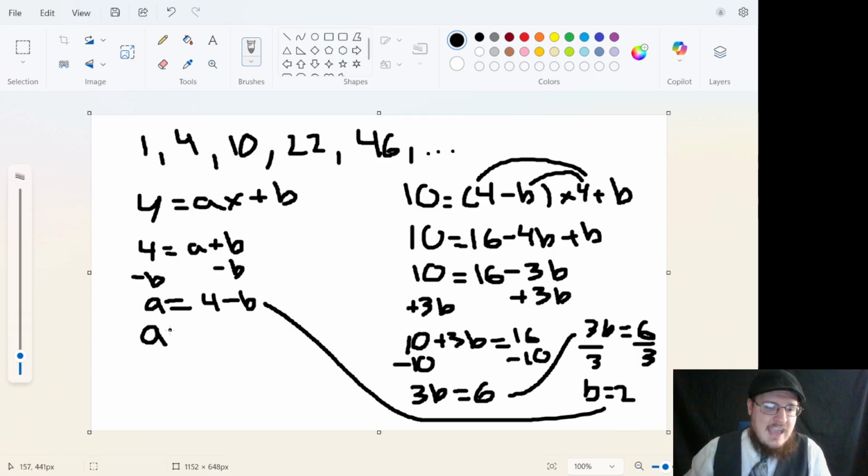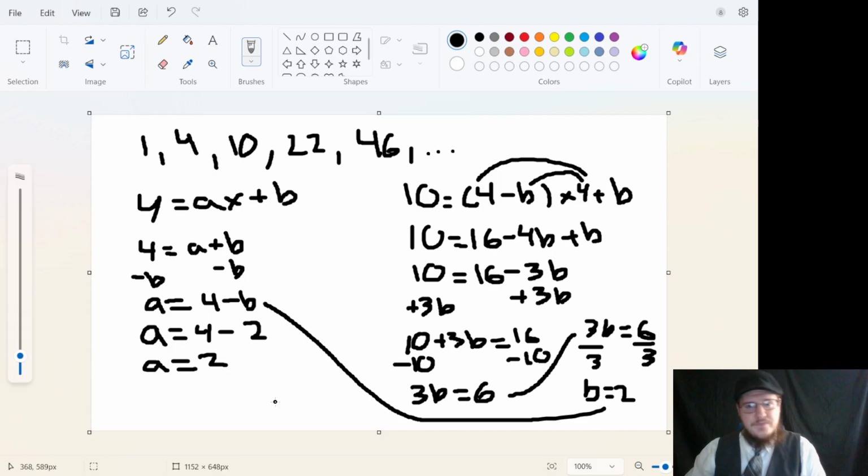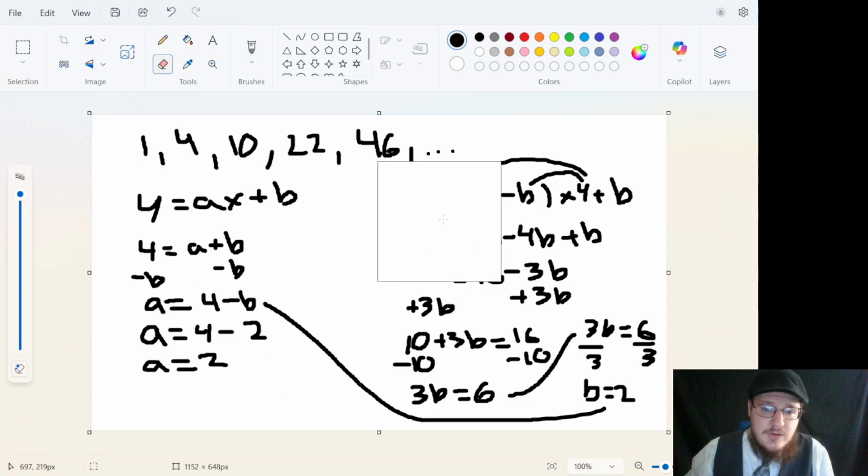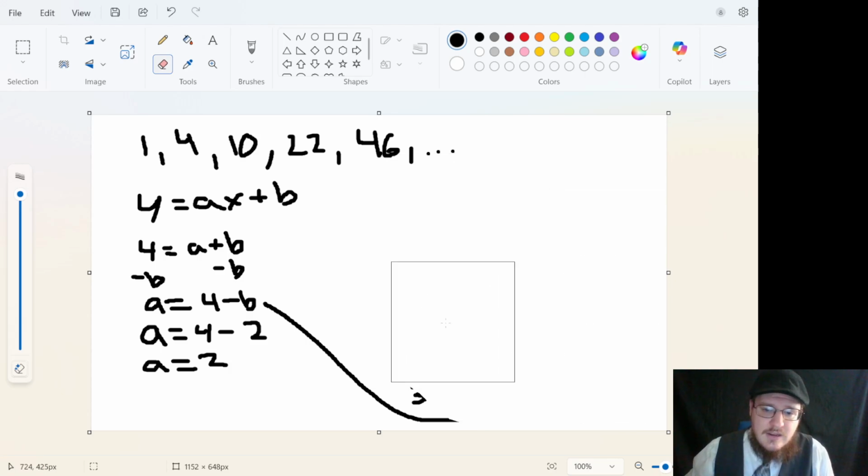We're going to have an A equal to 4 minus 2. A then equals 2. We now have our scale. We have our pattern constant. And what we're going to do, clear the board a little bit.